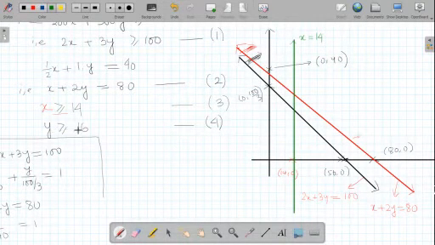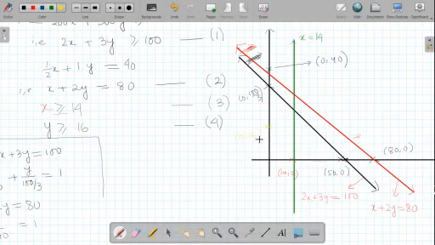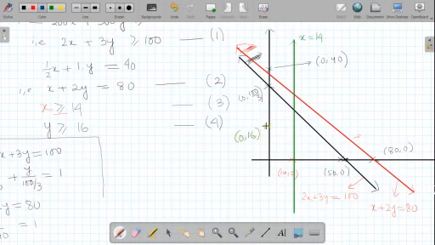And lastly, y should be greater than or equal to 16. It should be somewhere here. 16 means 100 by 3 will be less or equal. So let's say this is 0 comma 16. Okay, so let's join this.